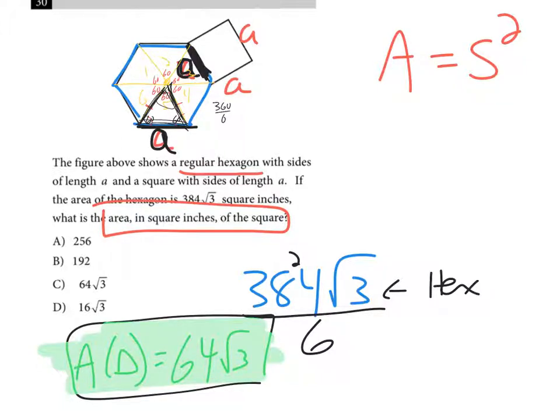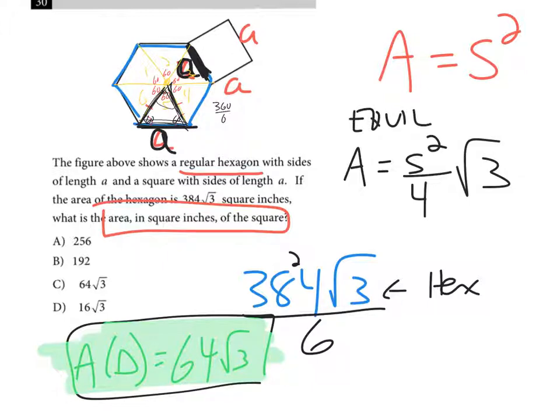Now, this is not one of the formulas that was given to you in the beginning section, but you were taught in geometry that the area of an equilateral triangle is equal to side squared over 4 radical 3. That's the formula for the area of an equilateral triangle.